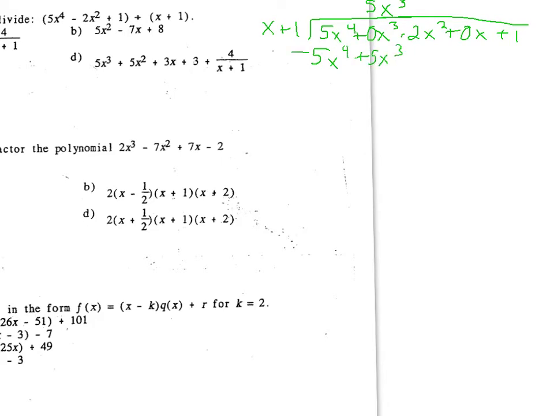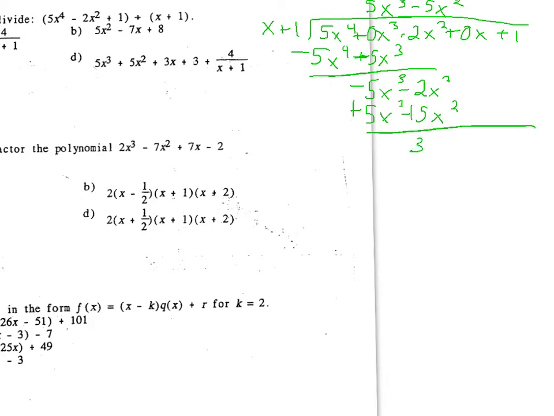And then change the signs. So we have negative 5x cubed minus 2x squared, and that would be a negative 5x squared. And that would be negative 5x cubed minus 5x squared. I'm going to change the signs.